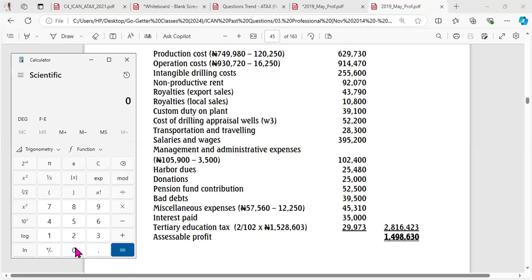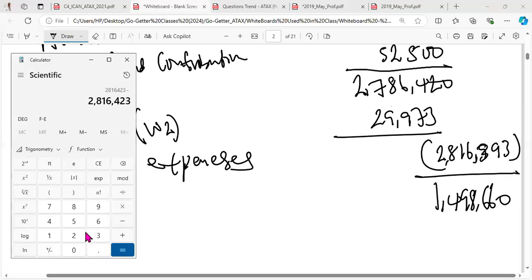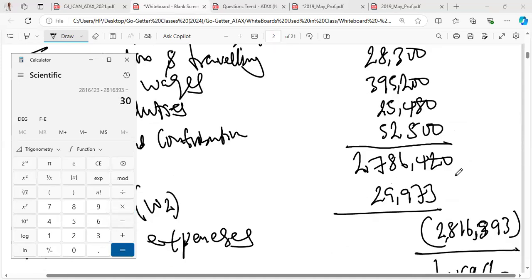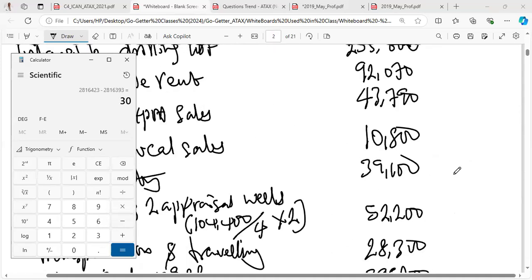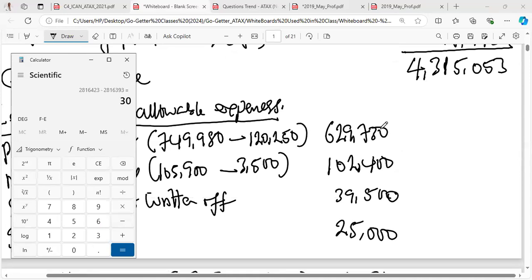I need to know the difference between theirs, 2,816,423 minus what I had in my own, minus 2,816,393. The difference is 30. Where is that 30 coming from? Let's investigate this 30 here.